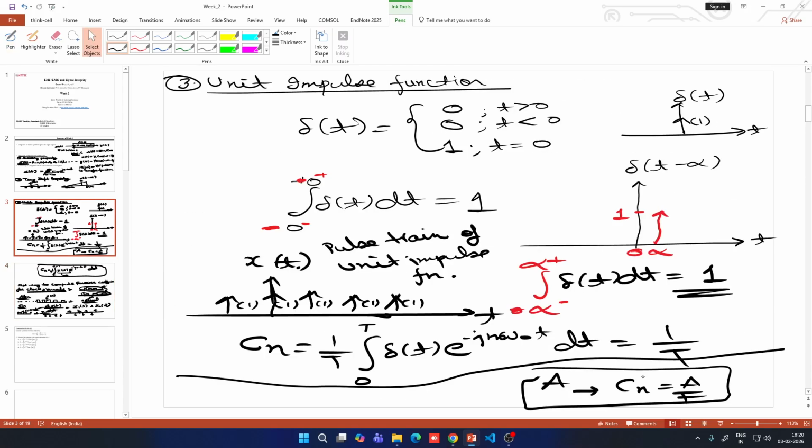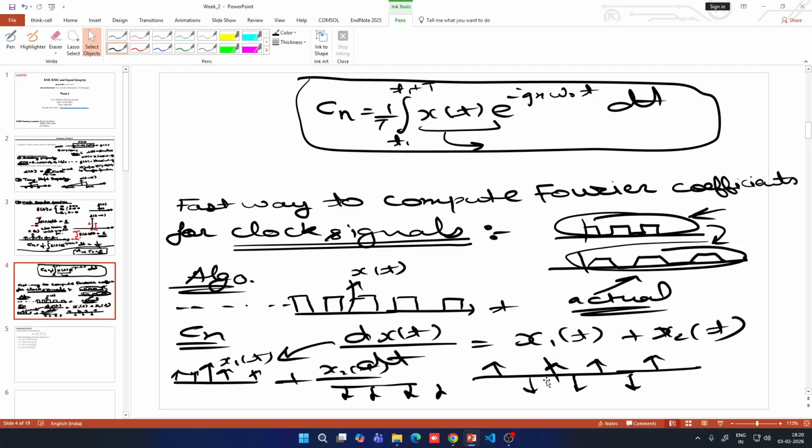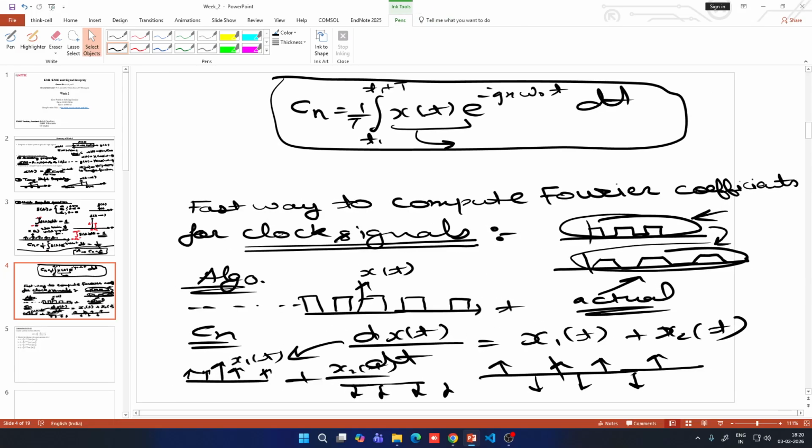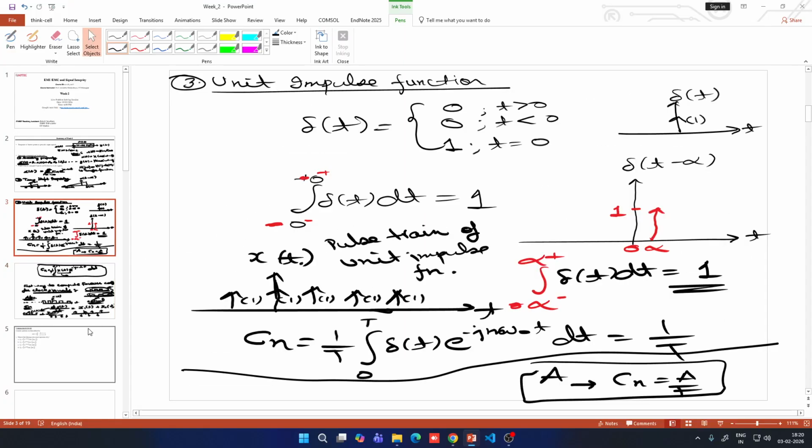It will be something like this, A by T. And if time shifting is happening, let's say in x1 no time shifting is happening, and in x2 of t there is some time shifting, for that also we will use the properties that we have discussed.